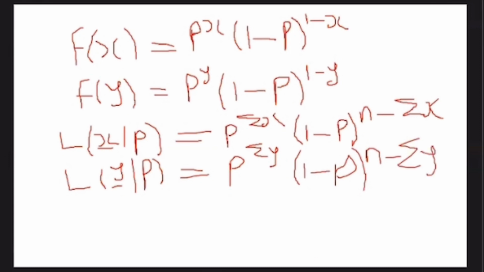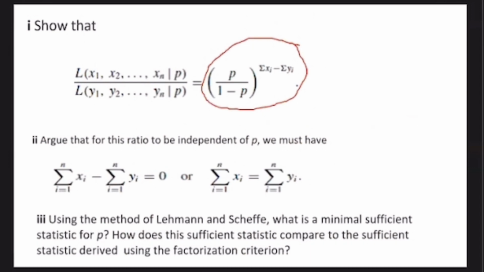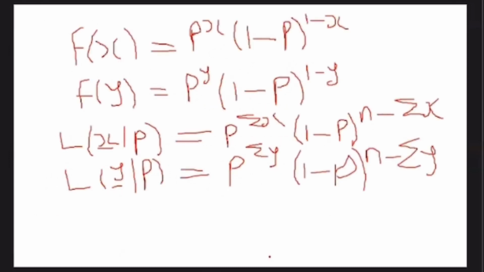Okay, now if you take a look at here, we want the likelihood of x divided by the likelihood of y. In order not to waste my time, I can just say this divided by that. Now, if I say this divided by that, oh my God, the idea of algebra will be in use now.